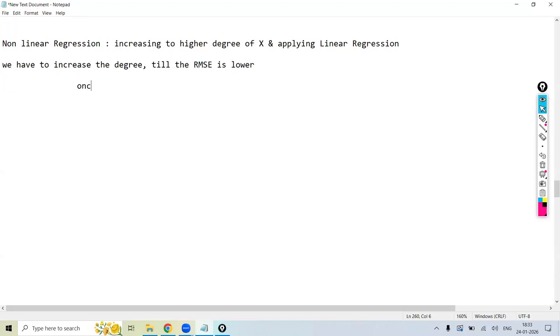Once RMSE increases, we should not increase the degree. Clear? Understood?